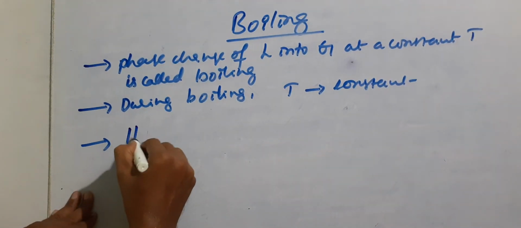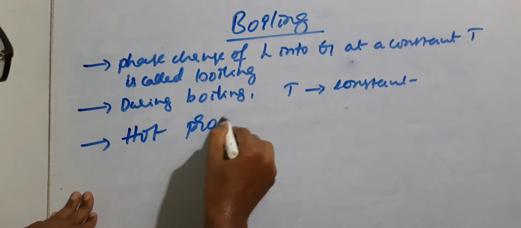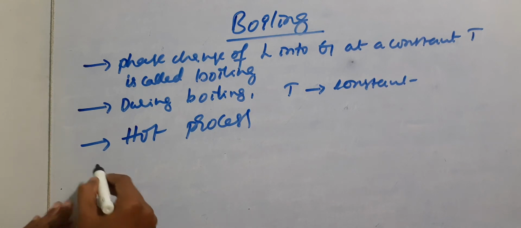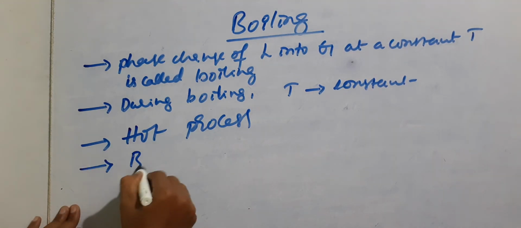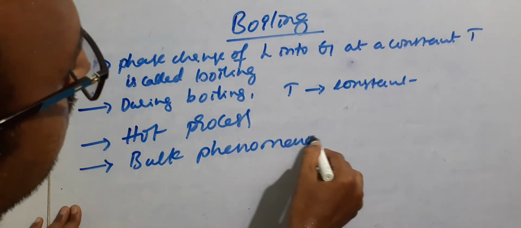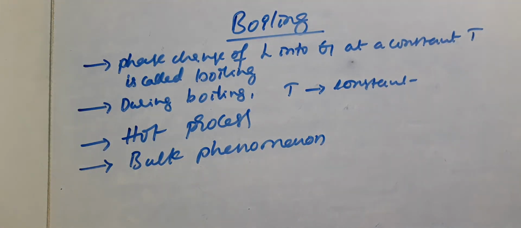It is a hot process, whereas evaporation is a cooling process. You know, evaporation is a surface phenomenon. Boiling is a bulk phenomenon, because when you heat a liquid in a vessel, the change of liquid state substance into gaseous state substance starts from the entire liquid, not from the top surface or the middle, but from the bottom to the top.